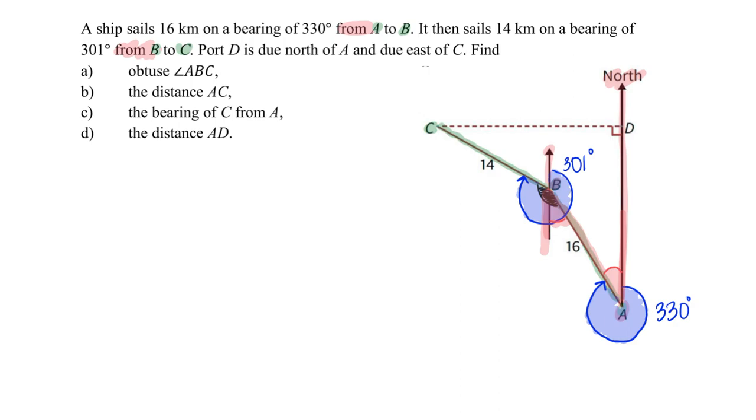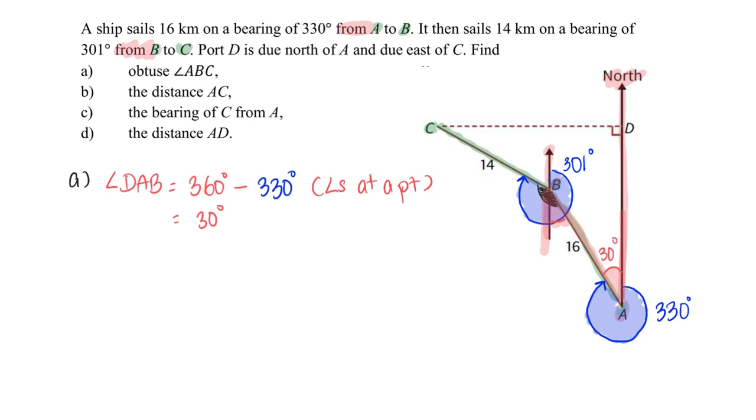So, angle DAB is 360 degrees minus 330 degrees, because these are angles at a point, which gives 30 degrees. So this is 30 degrees.